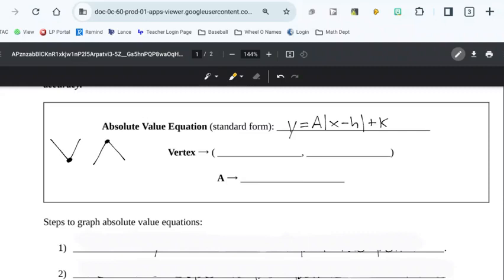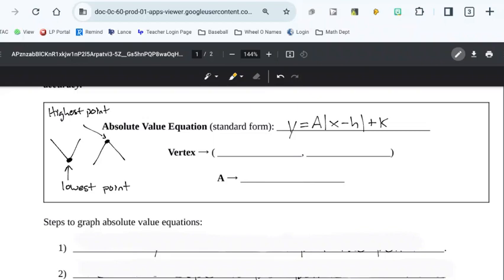In this graph, it's the lowest point on the graph. In this graph, it's the highest point. So that's what the vertex is.